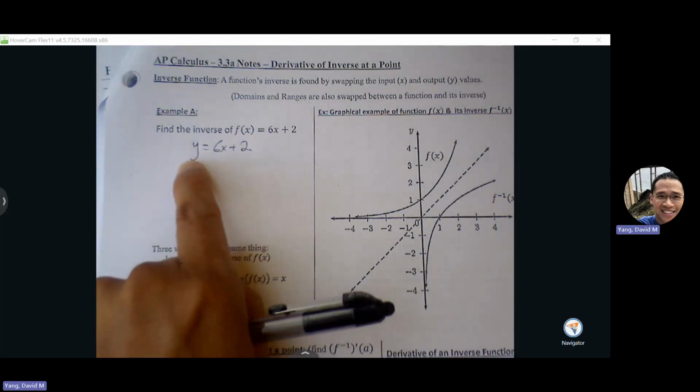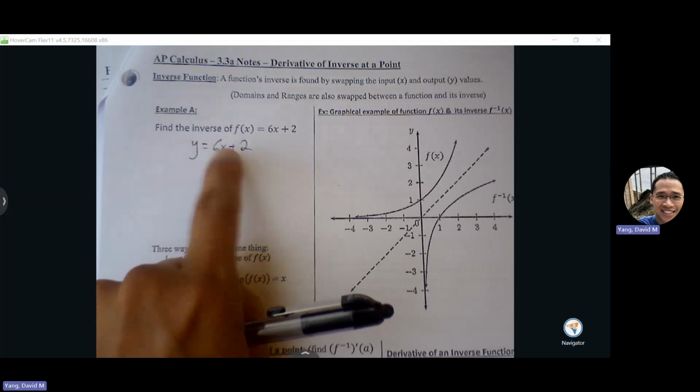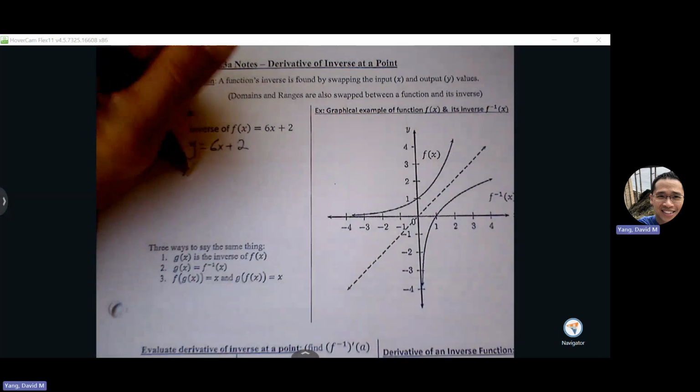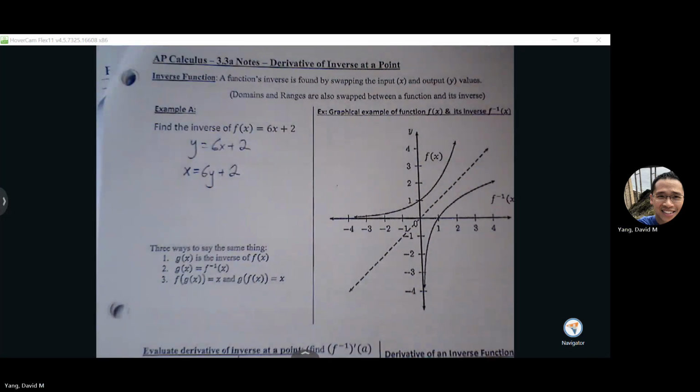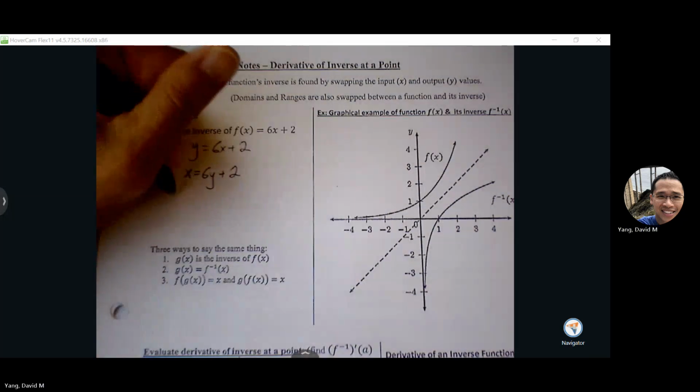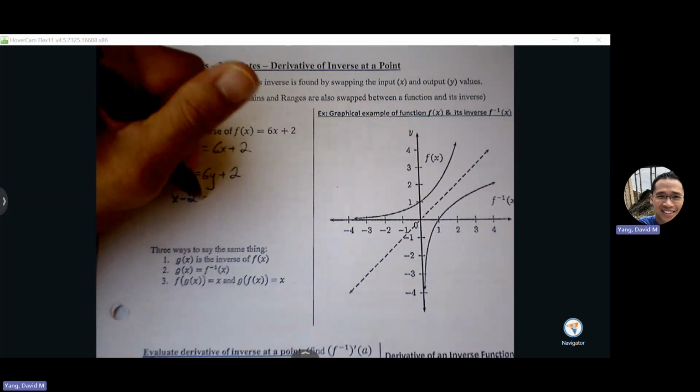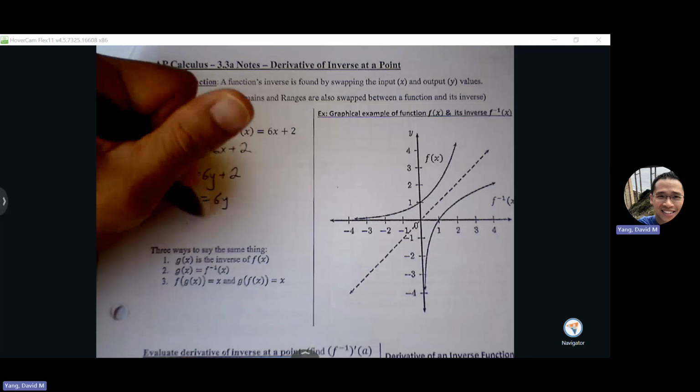I need to swap the x and y, and I'm going to solve for my new y variable. So if I swap the x and y, I'll get x is equal to 6y plus 2. If I solve for my new y variable, subtract 2 from both sides and then divide by 6.